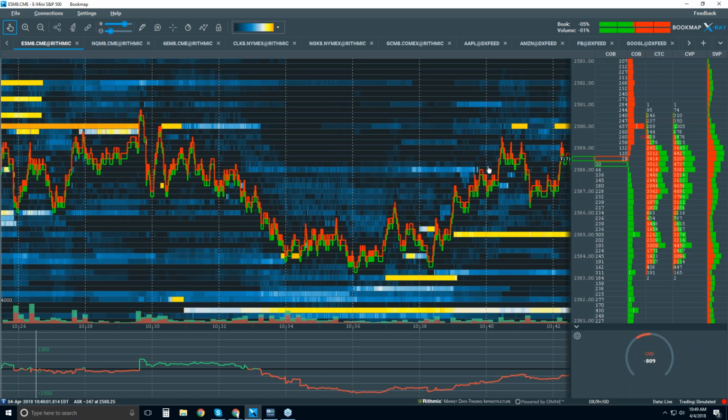Okay, and we're getting a lot of insight here of what's going on, and we haven't even turned on the volume yet. So if you guys get a little confused with some of the data and information here in Bookmap, you might want to turn off one of the layers and start to understand it. This is a great view.